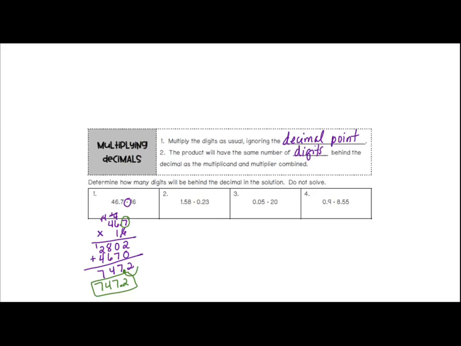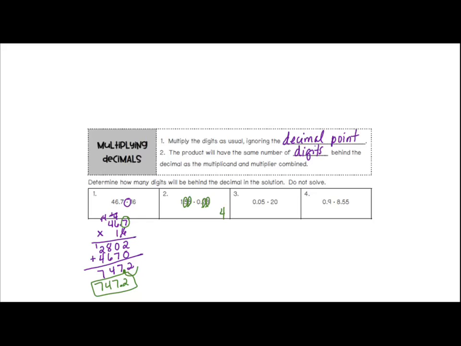It's asking us to just see how many digits we would have behind the decimal in our solution. Well, let's count up how many digits are behind decimal points in our problem. We have 1, 2, 3, 4. So that means there would be 4 digits behind the decimal point in our answer.